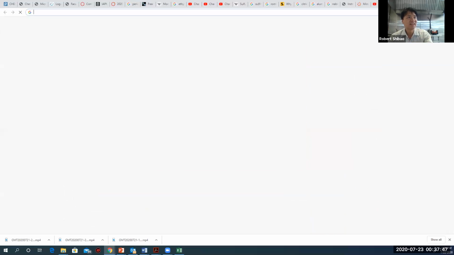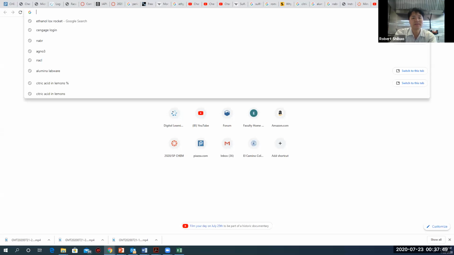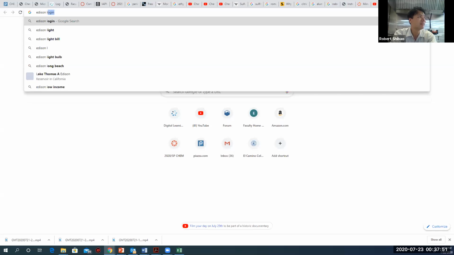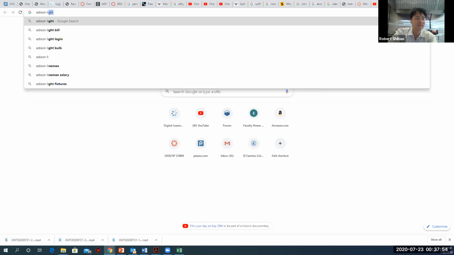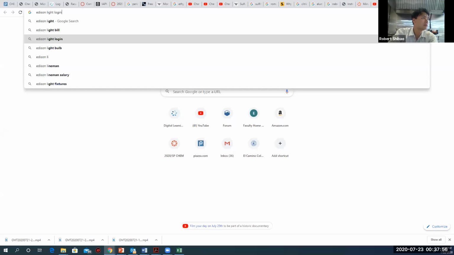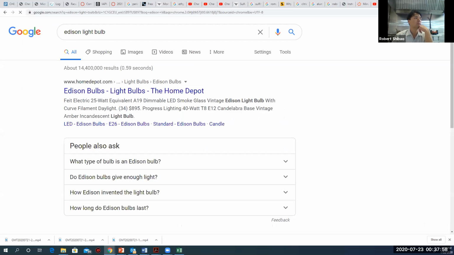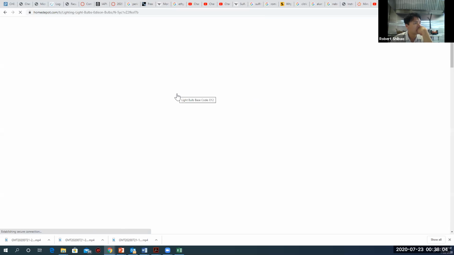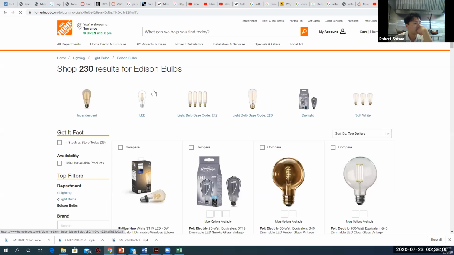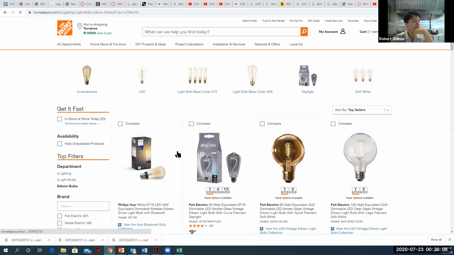And so let's look at the old Edison light bulb. Oh, Home Depot. Edison light bulbs. What is that? All right, these are the old stuff. Are these LEDs? That's LED.